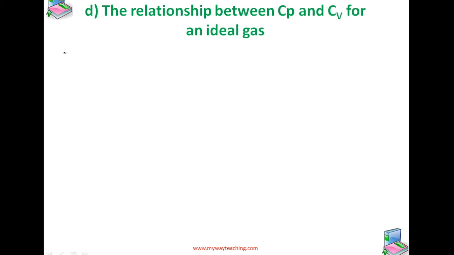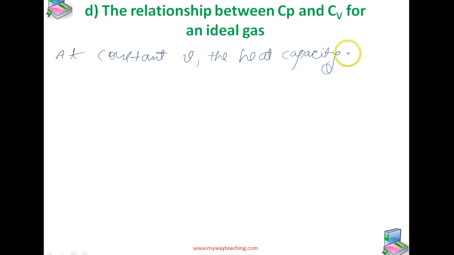At constant volume, the heat capacity C is denoted by Cv, and at constant pressure it is denoted by Cp.